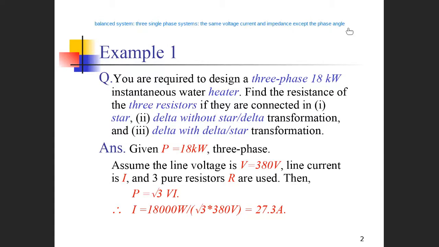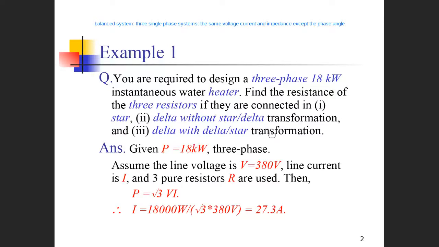So they have a 120 degree phase angle difference in the source voltage. The others are the same. So that's the balanced systems. Therefore, for the balanced systems, we just need to analyze the per-phase issues. Then the other two phases have the same values as what we analyzed, except that their phase angles are different.